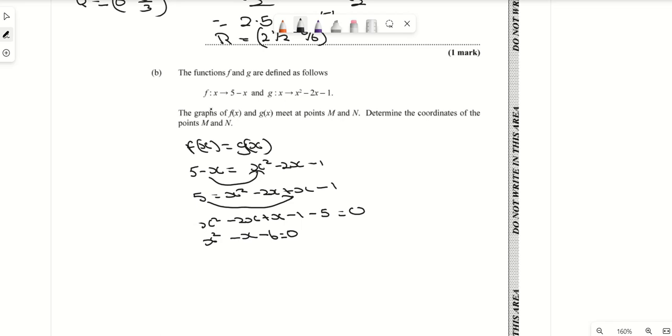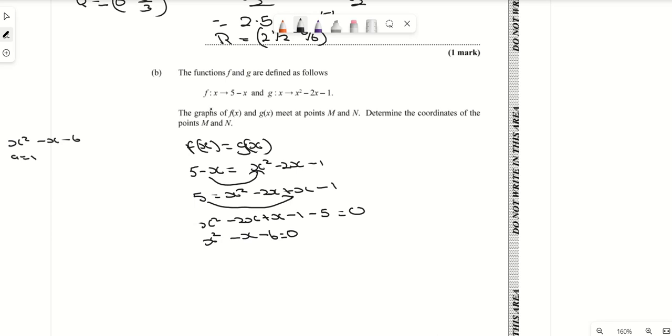Here we have to find the values for x. This is a quadratic equation, and there are 3 ways that you can solve quadratics. I will just be choosing the factorization method. So I have x squared minus x minus 6.